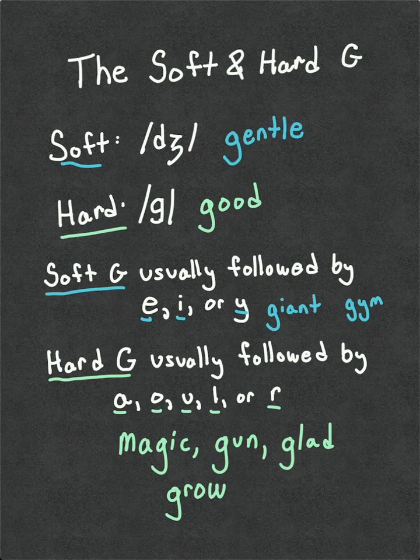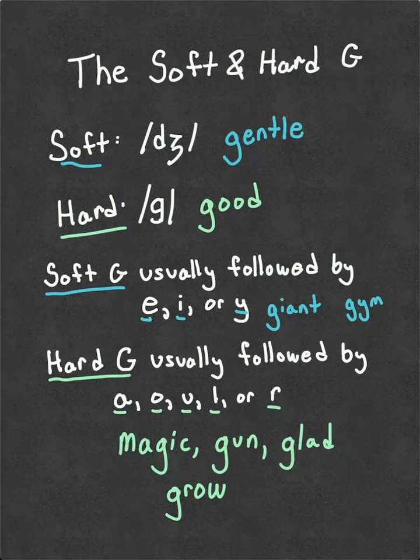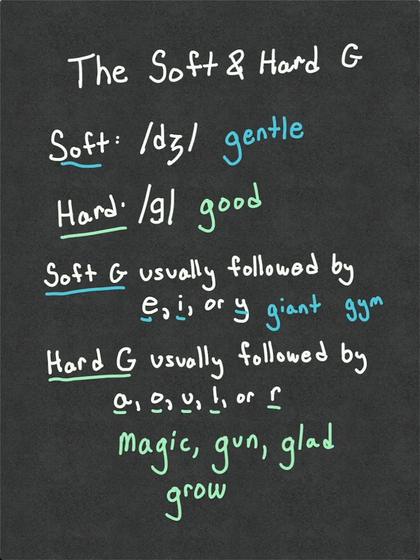Moving on to the soft and hard G. A soft G makes a J sound, like the word gentle, as opposed to the hard G in the word good. The soft G is usually followed by E, I, or Y. Take a look at the words giant, Jim. Of course, we already had gentle.